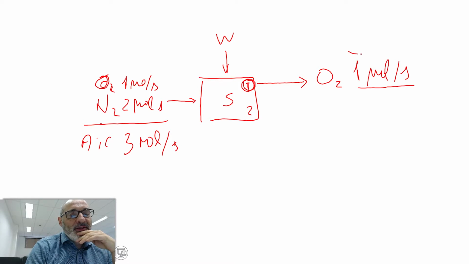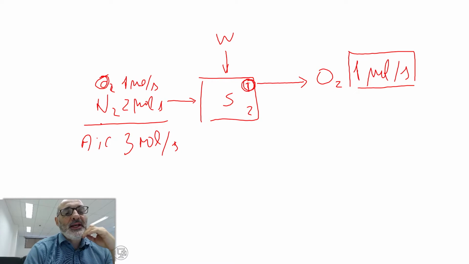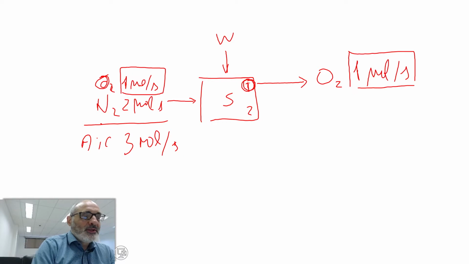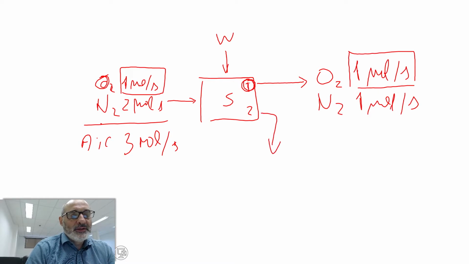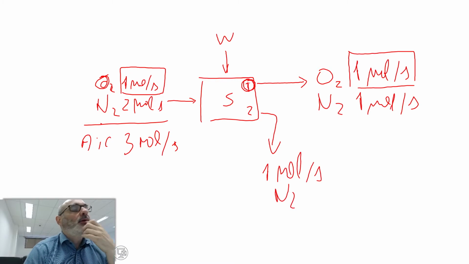But this is not necessarily a perfect separation, because I can have 1 mole per second of oxygen, which is all the oxygen I have at the input, but I can also have 1 mole per second of nitrogen, and of course I have 1 mole per second of nitrogen at 2. So the concentration is 50%.